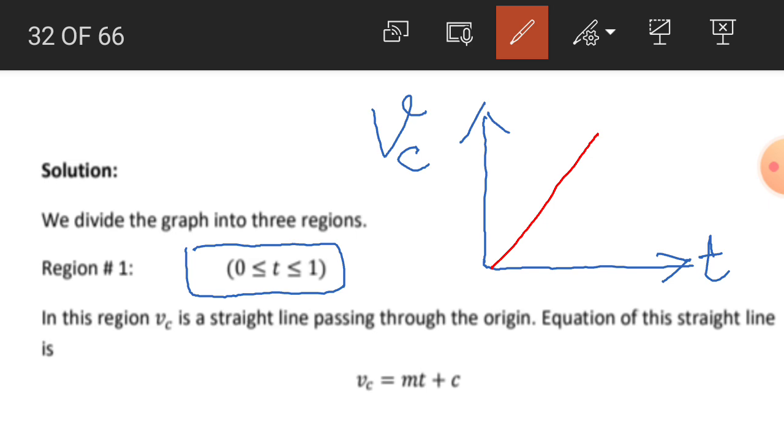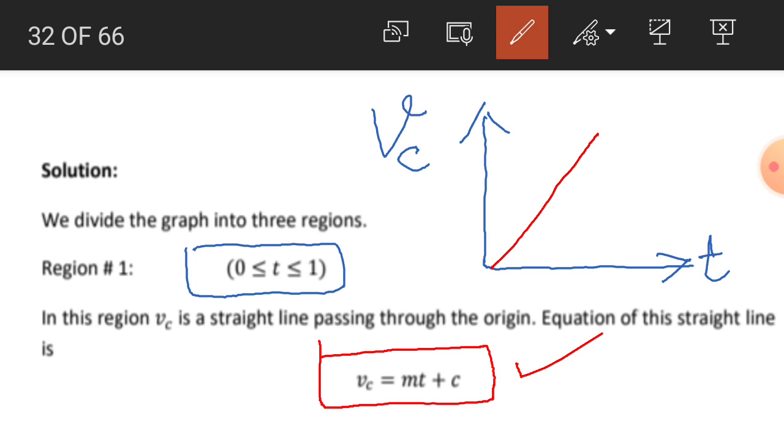Okay, you see this is a straight line which passes through the origin, and we know that the equation for the straight line is given over here.